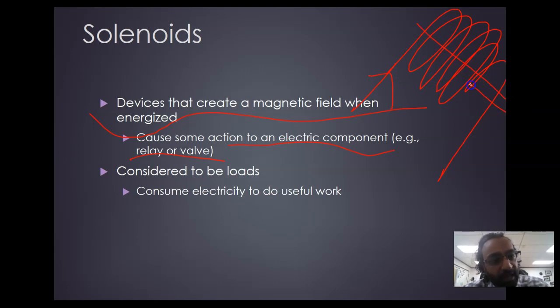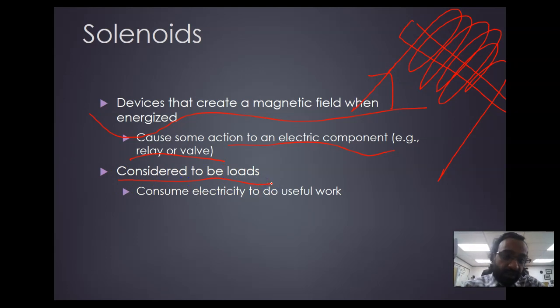So we have made an electrical magnet here, and this magnet will pull the pin up and down, and that pin can be used for many things. It can turn on and off a switch. It can turn on and off a valve. So a solenoid is a very, very useful tool that uses magnetism to pull a pin in and out.